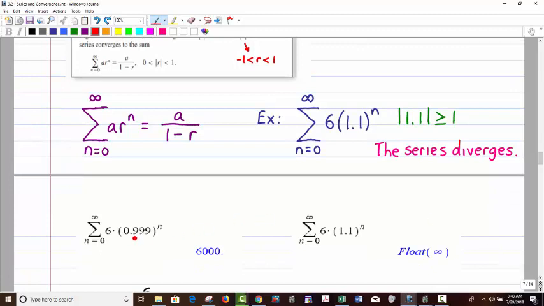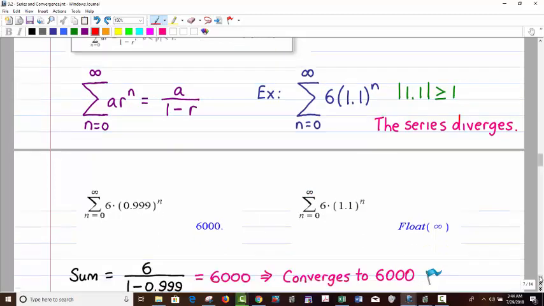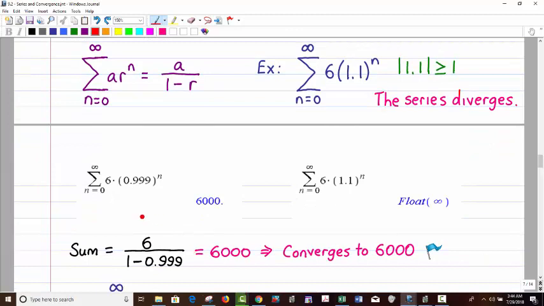But notice this one, 0.999, whatever, that's less than 1, so it's going to converge. And in fact, that one would converge to 6,000. So negative 0.99 would have also converged. Oh, and there's the formula. So it'd be 6 divided by 1 minus 0.999, which is 6 divided by 0.001, equals 6,000.